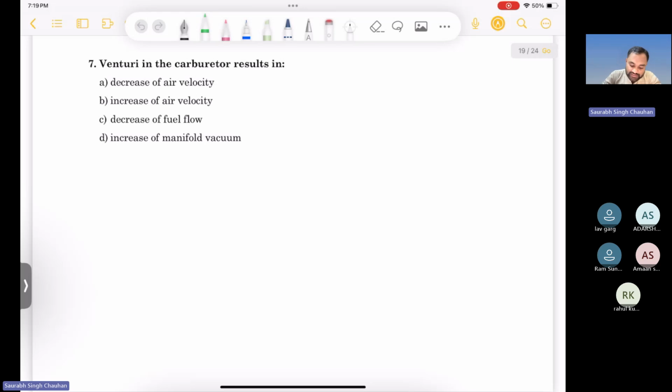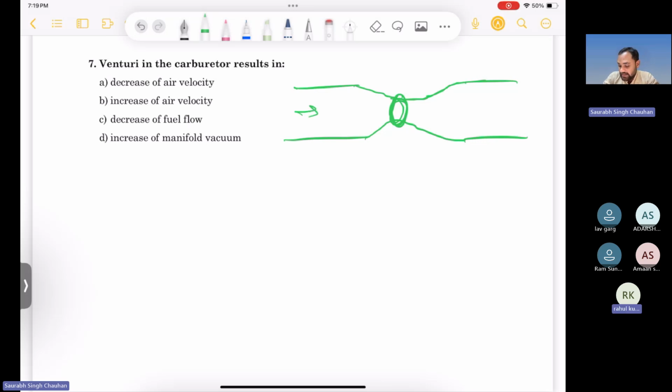Okay. So venturi in the carburetor results in. You know how the carburetor works. Just a quick overview: it works on the venturi principle. In the venturi principle, you have one pipe, and at some point in that pipe you have a smaller cross-sectional area. In that cross-sectional area, the velocity of air is more and the pressure is less as compared to atmospheric pressure.